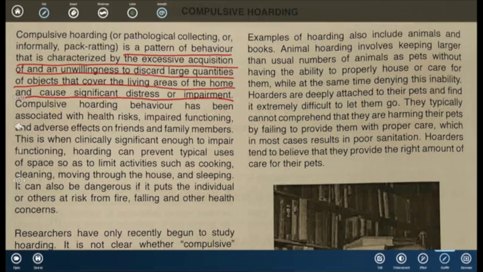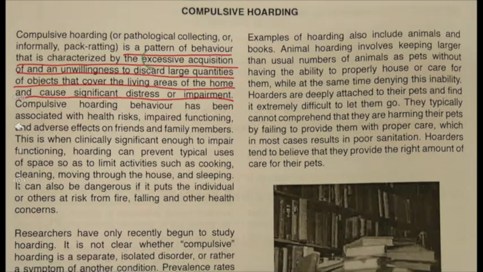What we said, that the important part that we feel we do not need to omit is this one, that it's a pattern of behavior that is characterized by, okay, fine, an excessive acquisition of, all right, and then we went on to say unwillingness to discard large quantities.